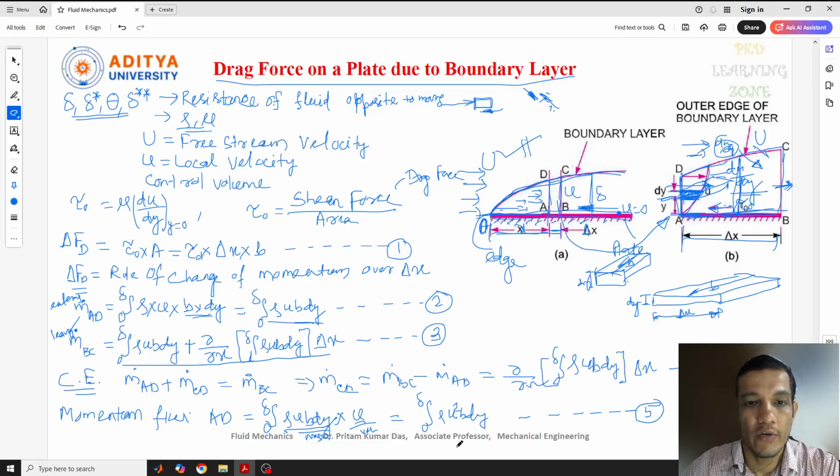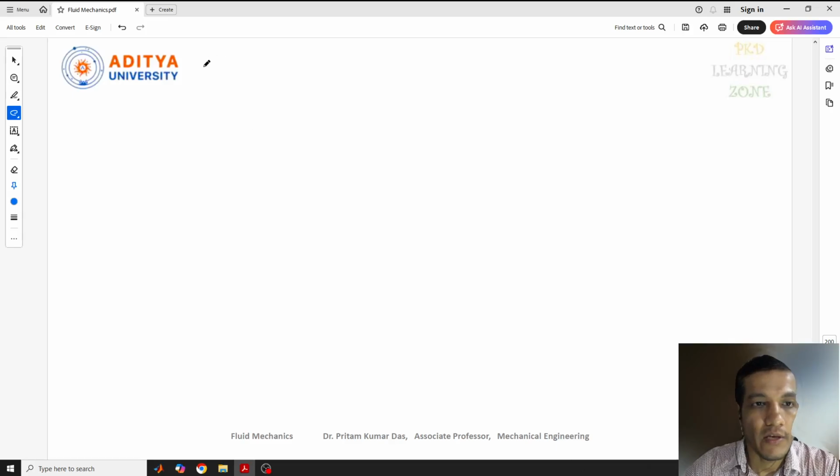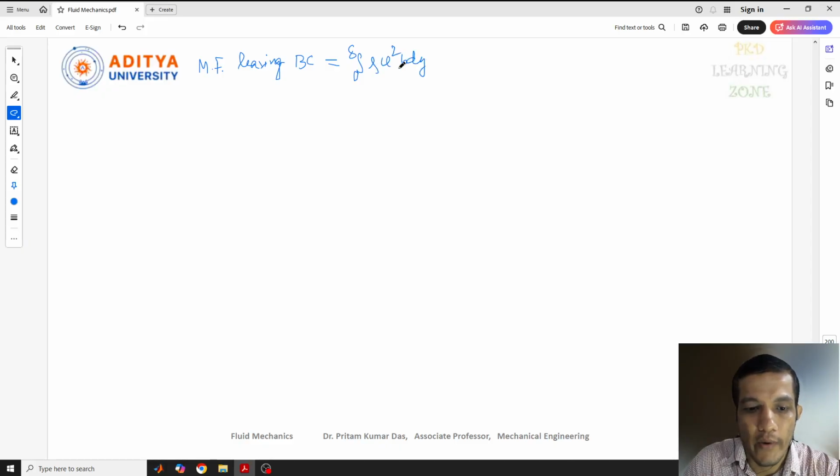Okay. Now similarly we need to find out the remaining two also. Here we can calculate the momentum flux which is leaving through the BC. So I'll write shortly, momentum flux which is leaving BC. This also we can write with the same formula, mass into that velocity. So 0 to delta, and here we get rho u square b dy.